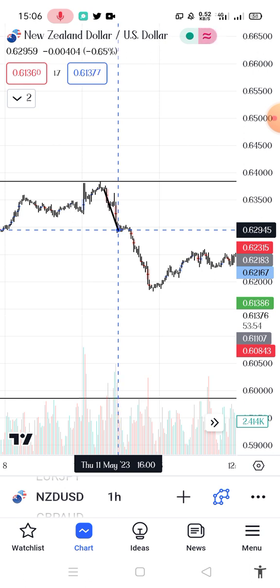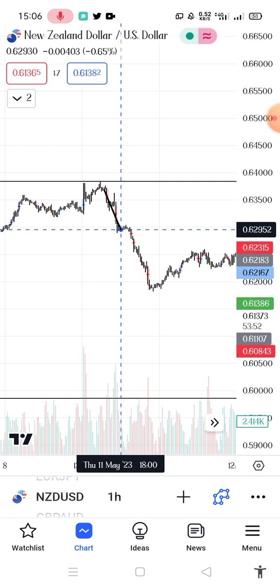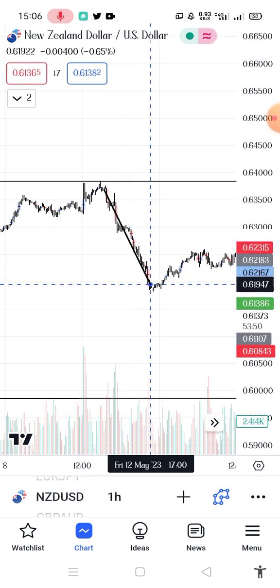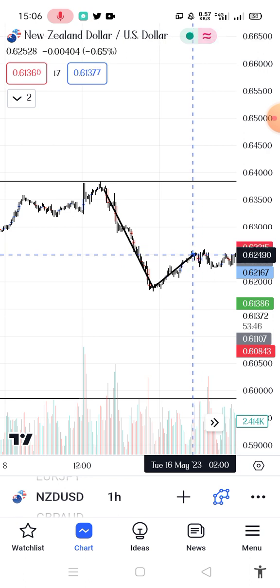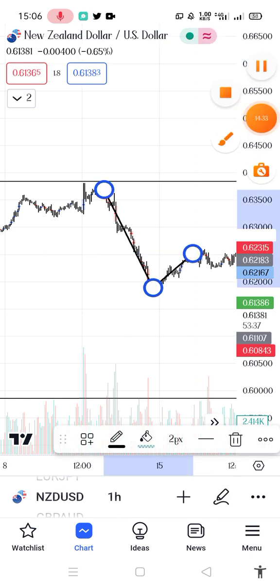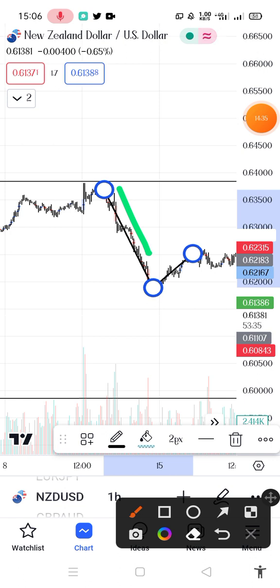When it goes back, it's called a retracement or a corrective move. So when it comes down, like I said, it's an expansion or impulsive move. Then when it tries to go back, creating in this case a lower high, it is a retracement or a corrective move.